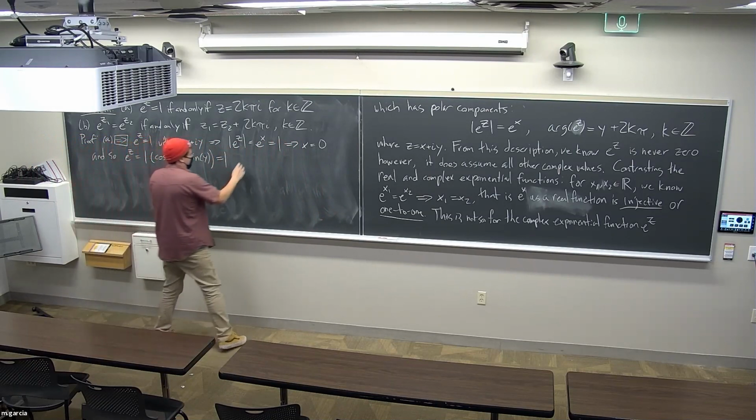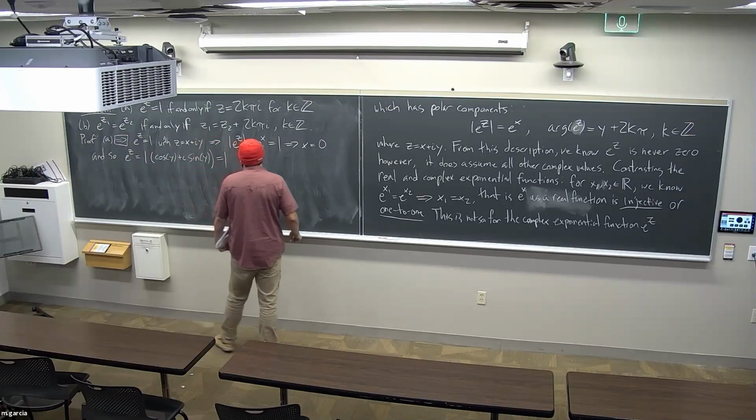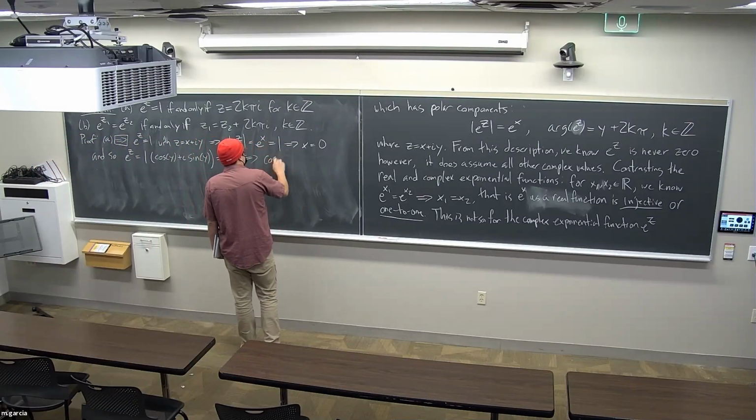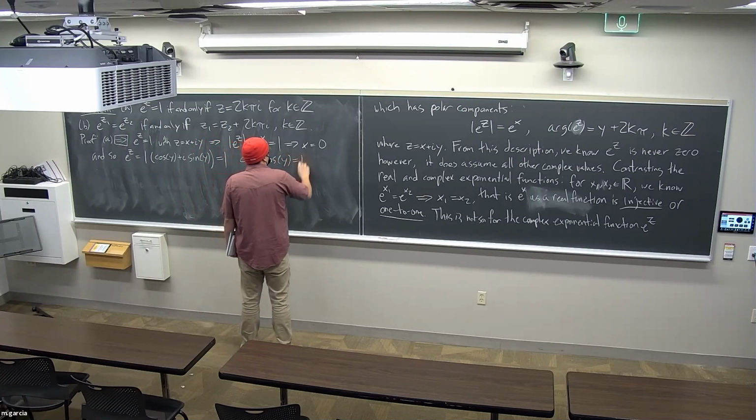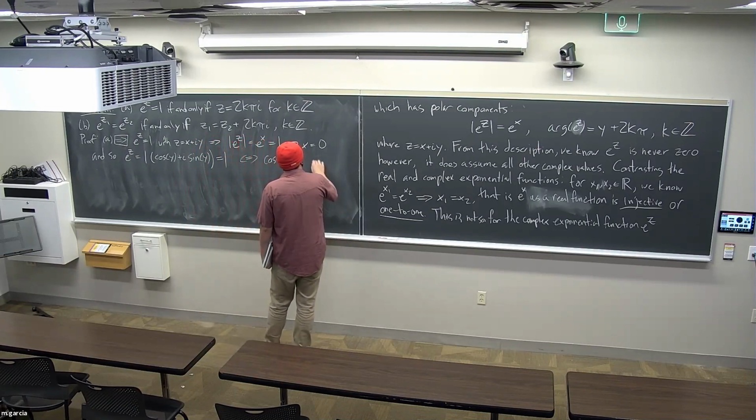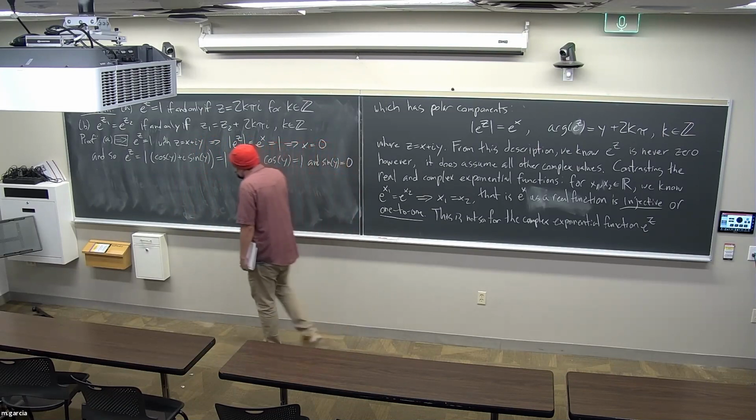Which is the case if and only if cosine of y is equal to 1 and sine of y is equal to 0 simultaneously.